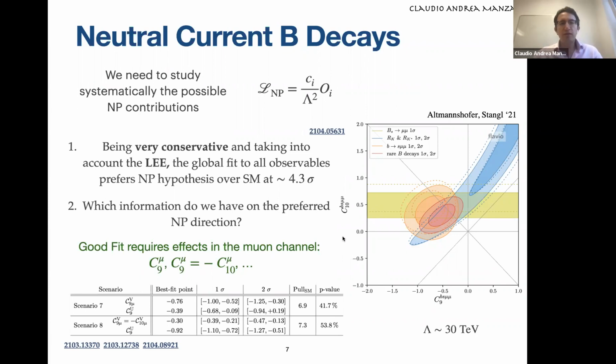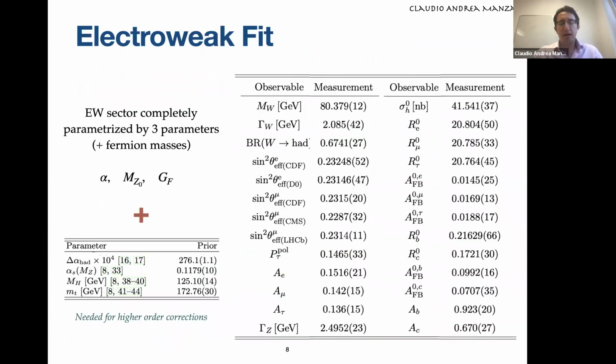Okay, so next to this, another interesting sector, at least in light of the recent progress that has been made on the experimental side, is the Electroweak Fit. And with this, I mean the Electroweak precision observables measured with very high precision at LEP and Tevatron, and more recently at LHC.